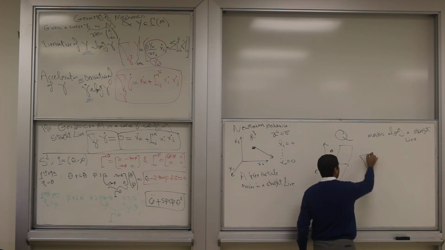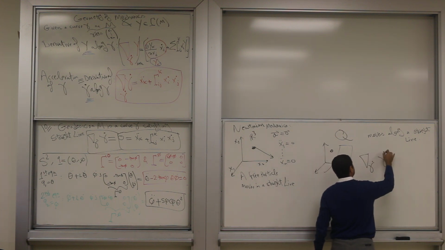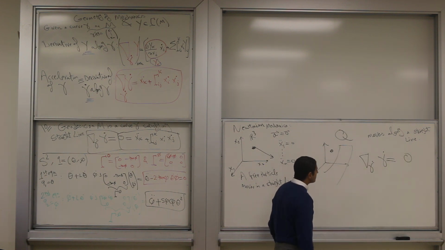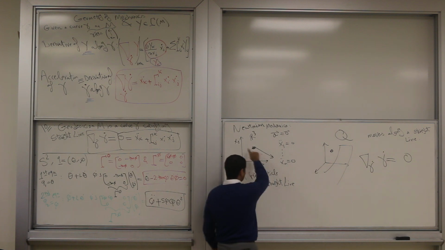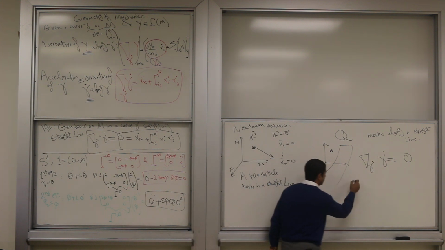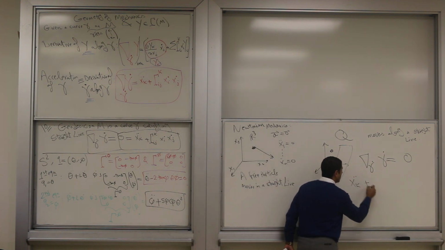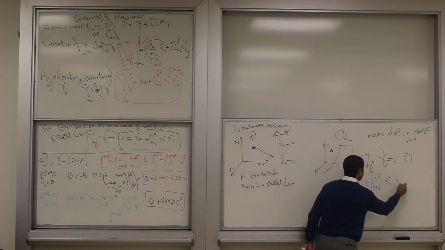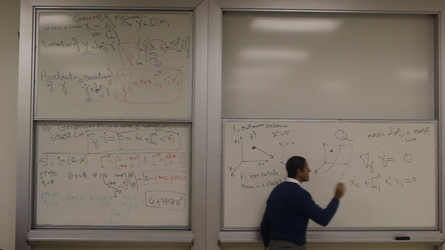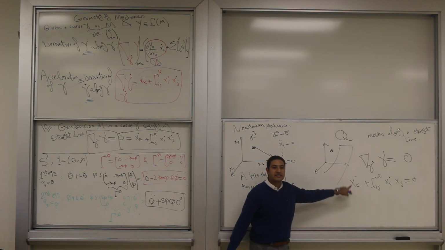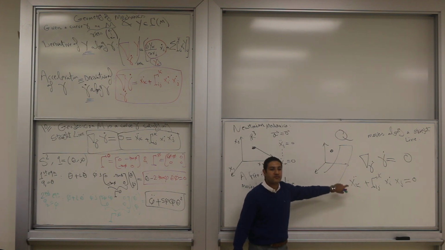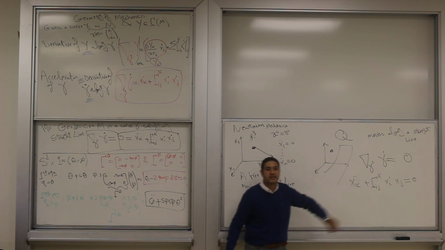This is the equation describing your straight lines, your trajectory, in coordinates: xk double dot plus gamma^k_ij xi dot xj dot is 0. Give me x's, it's like this. Give me q's, it's like that. Give me y's, it's like this. Give me theta and phi, it's exactly the same way in every coordinate.